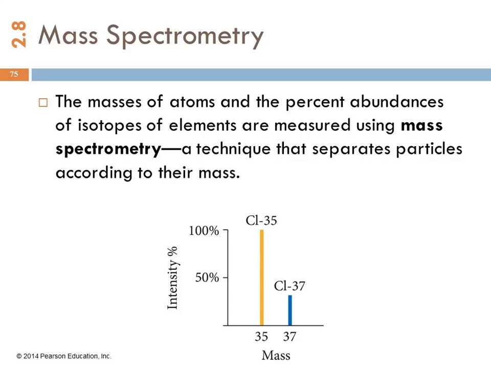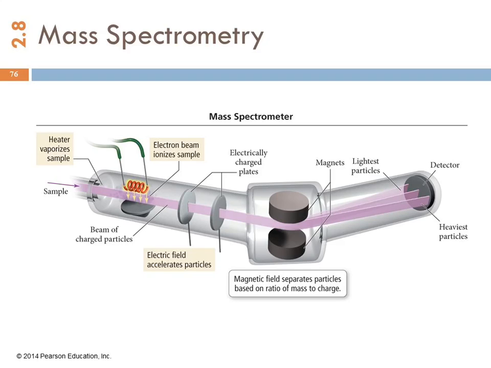Mass spectrometry separates particles according to their mass. And so this is an output you might get from a mass spectrometer, showing that chlorine-35 with a mass of 35 has an intensity of 100%, and chlorine-37 has a lower intensity. And so based on the relative intensities, you can figure out the percentages.